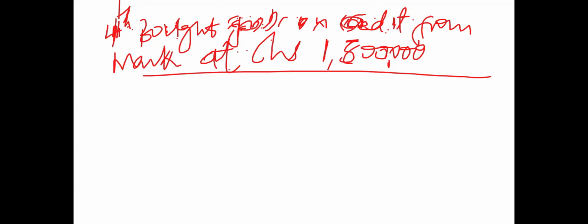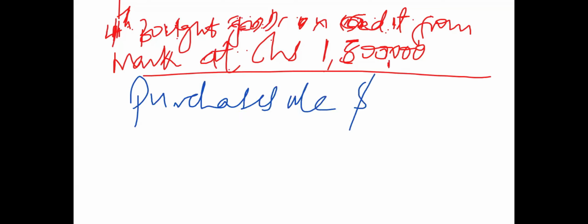Now, the two accounts that are involved here: because it's goods that they are buying, and we said when they are buying goods for the purposes of resale, they are called purchases. So the first account is going to be the purchases account.